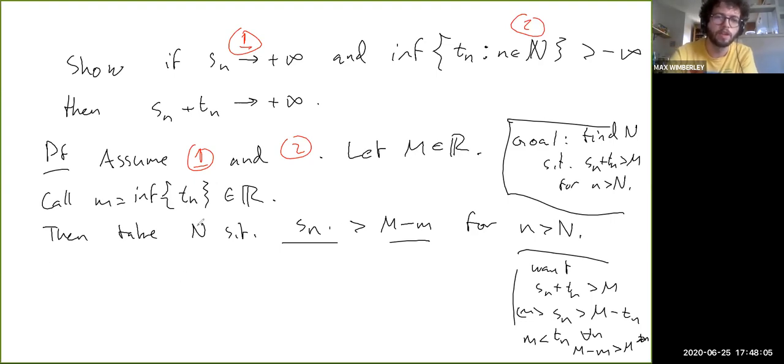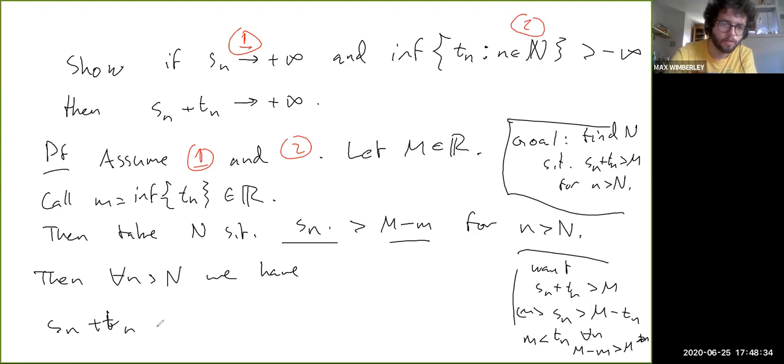So, because we chose our capital N intelligently so that this condition is true, then for all n greater than N, we have Sn plus Tn greater than Sn plus little m, which is greater than m minus little m plus little m.